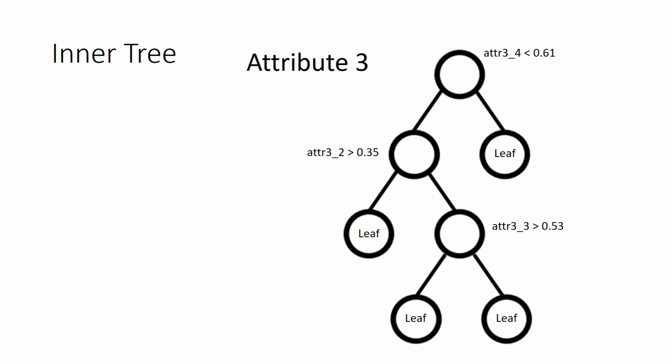Looking at the tree that's embedded into that node, we can see that this tree can look something like this, where 3 different temporal values of attribute 3 are being analyzed by different nodes, and those leaf nodes are being generated that later correspond to the branches of the outer node.